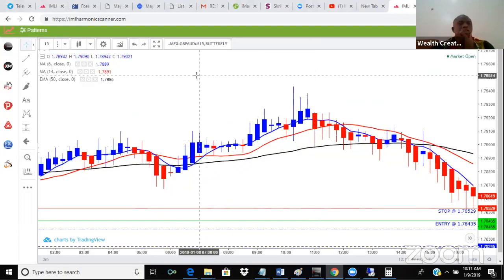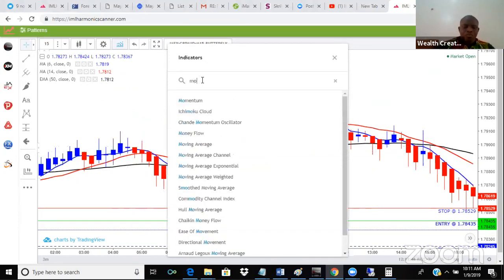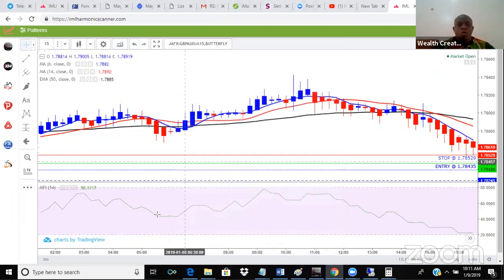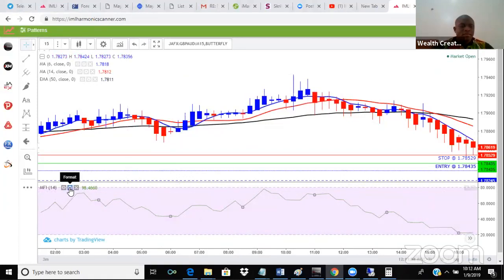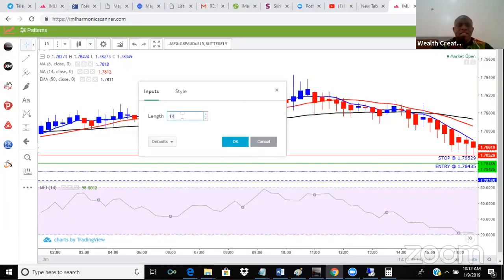Now, the next indicator that I want to add is my money flow. The money flow, as I've explained to you, shows the momentum in the market. So I'm going to go to format, and on the format, I'm going to change the input length to 14.